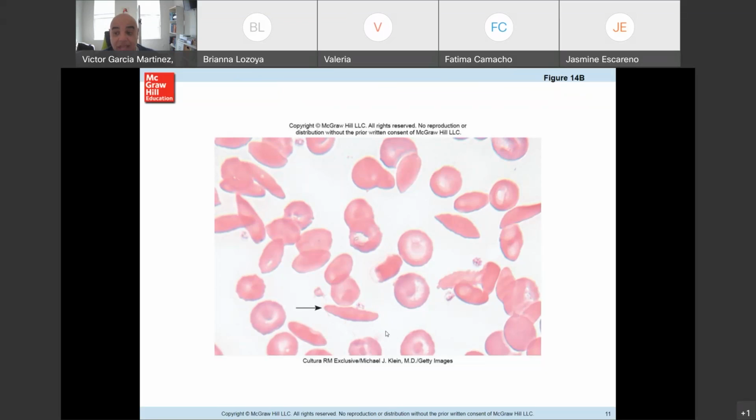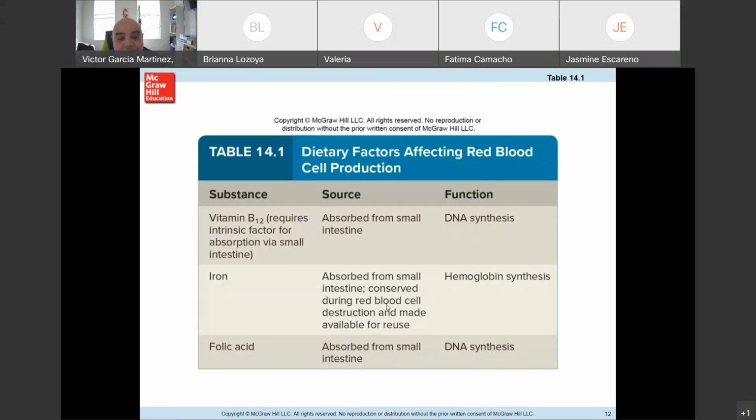Then because of that, you're going to be producing more and more red blood cells. But because they're abnormal shape, they are not able to transport enough oxygen. Then this is a cause of anemia. Again, when you have different shape, like this one, this is a sickle cell, then you're not able to transport enough oxygen.